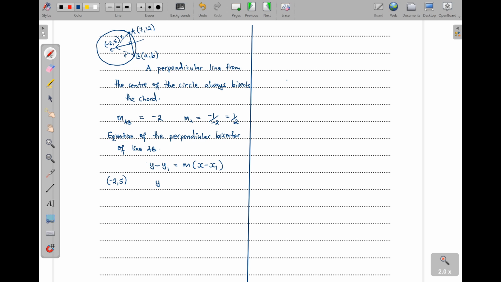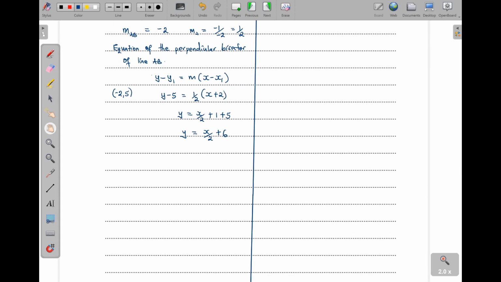So we have y minus 5 is equal to 1/2, which we have gotten as m, then (x minus -2), so that will be a plus 2. And then y will be equal to x over 2, then plus a 1 here. When this one crosses, it becomes a plus, so that would be 5. Meaning the equation of that perpendicular bisector is y equals 1/2 of x, then plus 6.